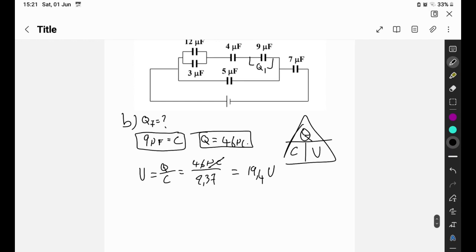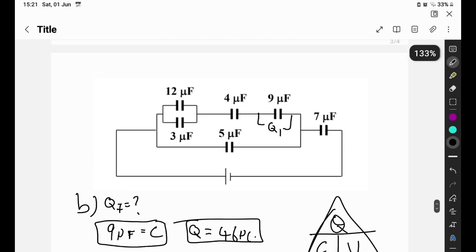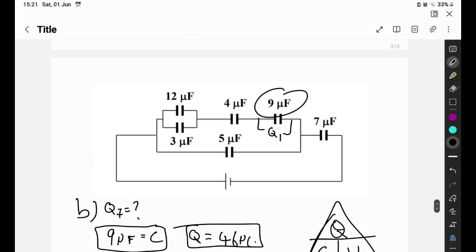So we ended off here, right, where these values are given, the charge and the 9 microfarads and the 7.